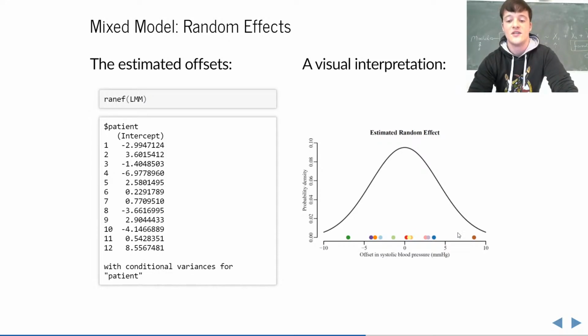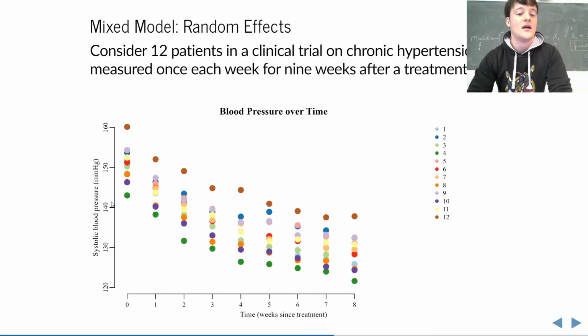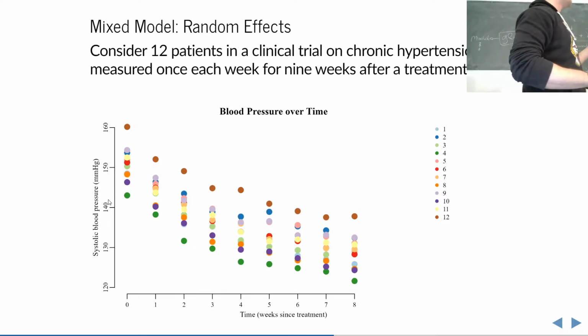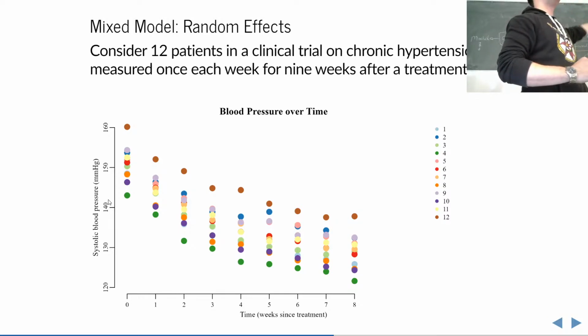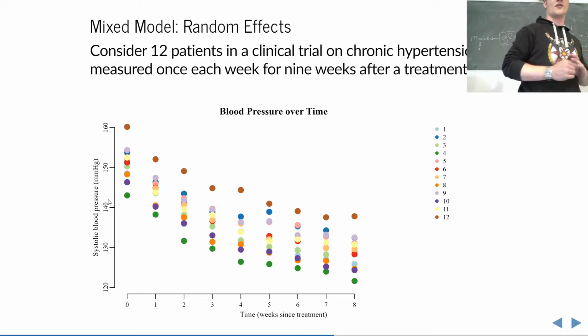Now, what are these distances? That's what we see over here. But the cool thing about a mixed model is, one thing that people who perhaps don't know about mixed models do is they just calculate what is the value at baseline and they subtract it from their measurements. Very inefficient. I don't recommend it.